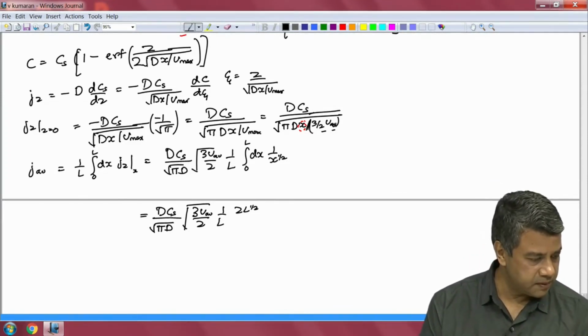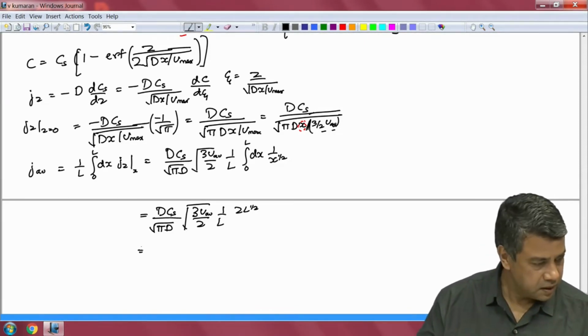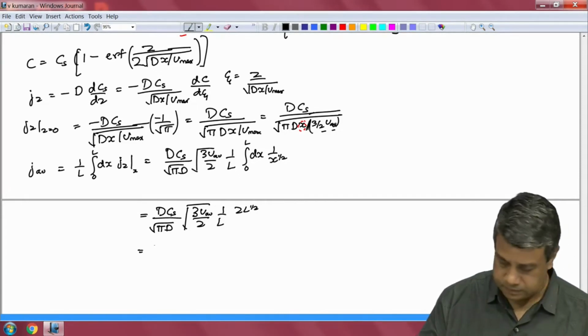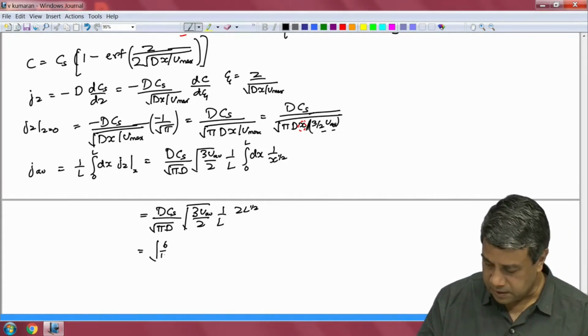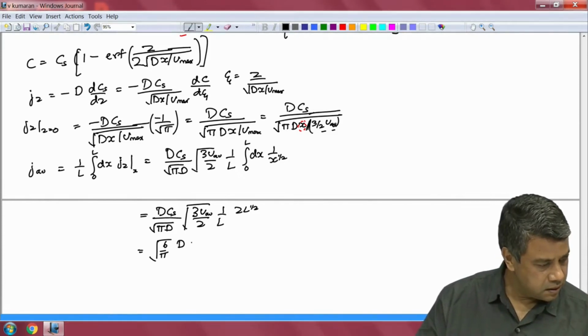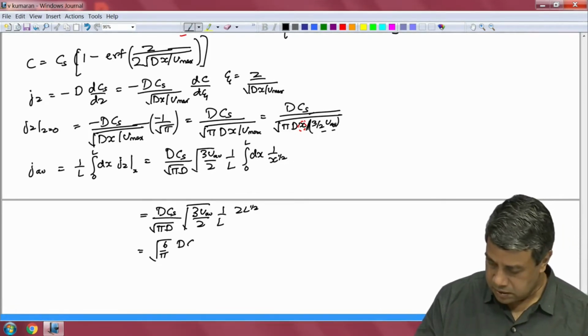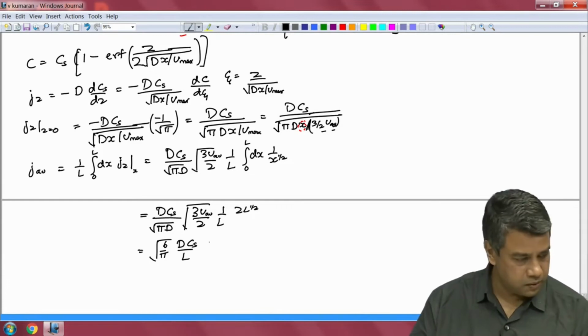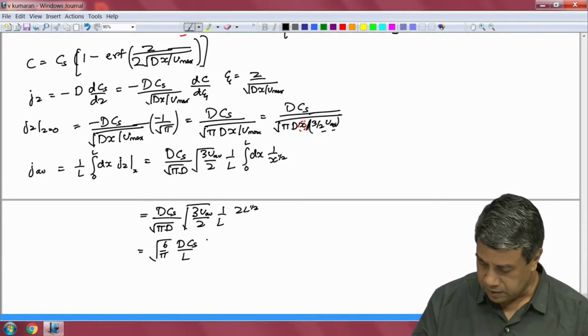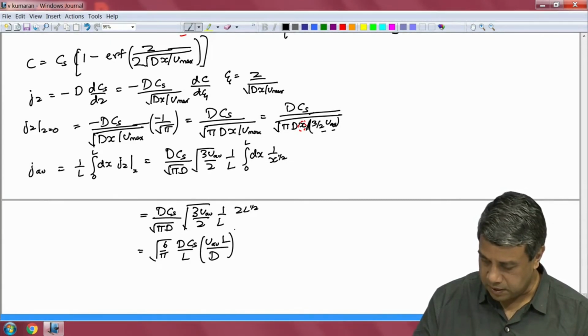And you can easily simplify this, and you will get this is equal to root of 6 by pi, D Cs by L into the V average into L by D whole power half.